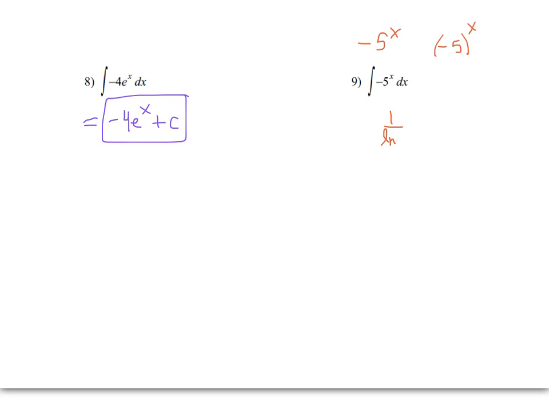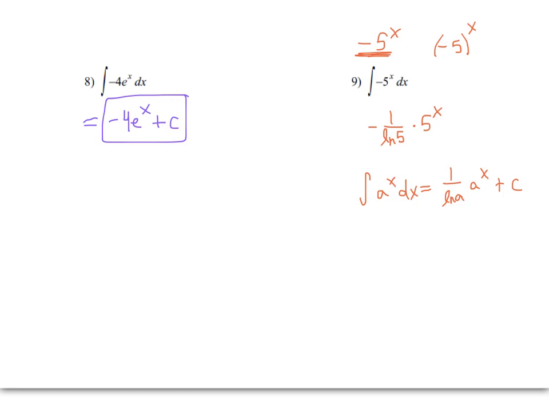All that is to say is that since they wrote it this way, my negative from in front of the 5 to the x is going to be in front, and only 5 is a part of our formula. There's a formula for this that says the integral of a to the x dx equals 1 over ln a times a to the x plus c.